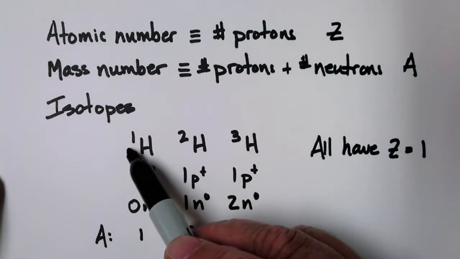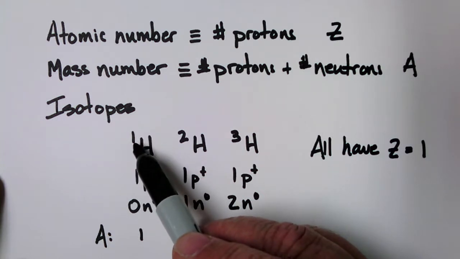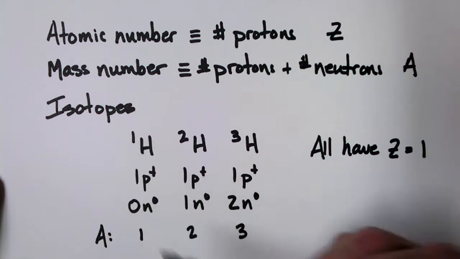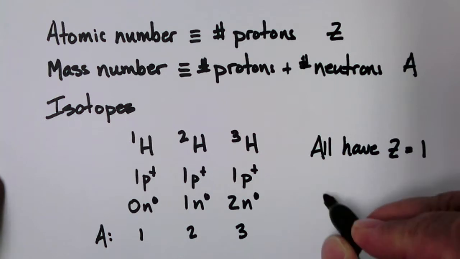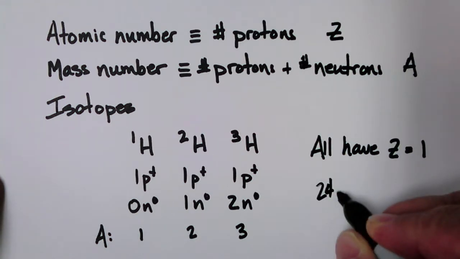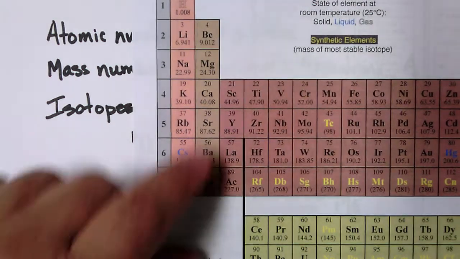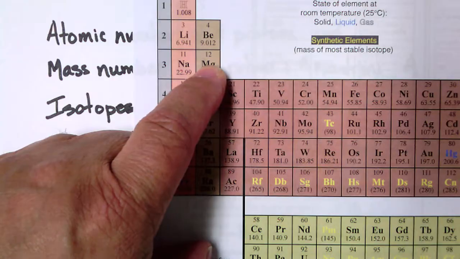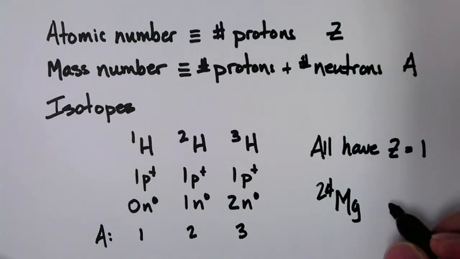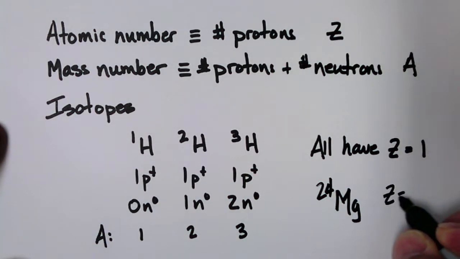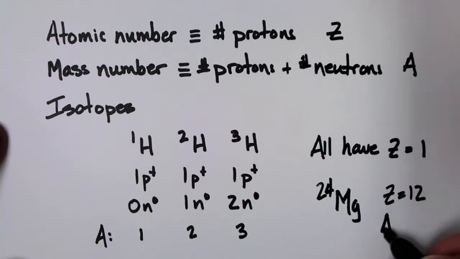Putting the mass number as a superscript preceding the element is standard notation in chemistry. And so if we were to be given this example, magnesium 24, we know since it's magnesium, and if we find magnesium on our periodic table, we can see that it has atomic number of 12. So we know that Z is equal to 12 and the mass number is equal to 24.